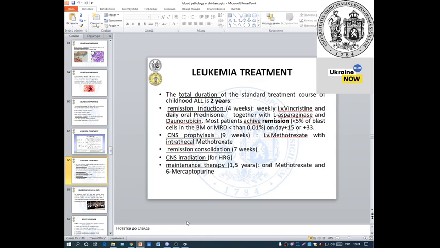The next step is CNS prophylaxis during 9 weeks with intravenous and intrathecal methotrexate. Then consolidation of remission during 7 weeks, central nervous system irradiation during 2 weeks, and maintenance therapy during 1.5 years with oral methotrexate and 6-mercaptopurine.